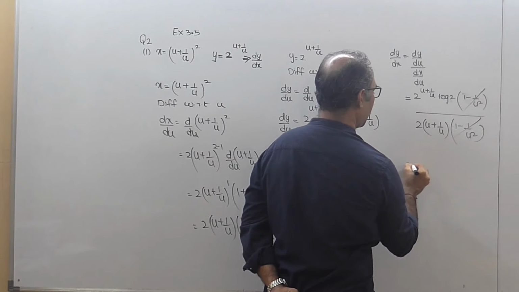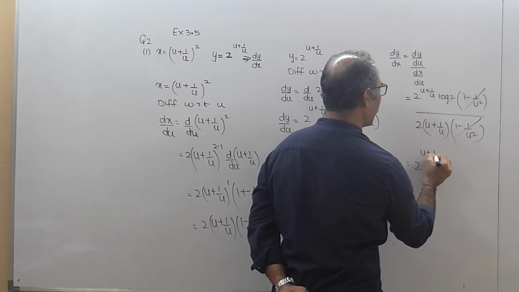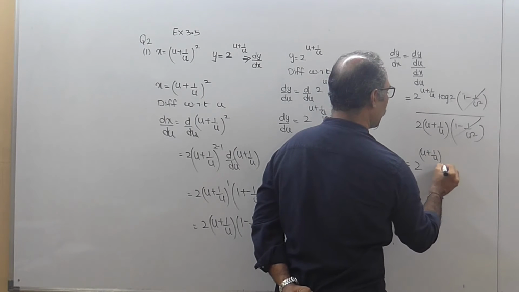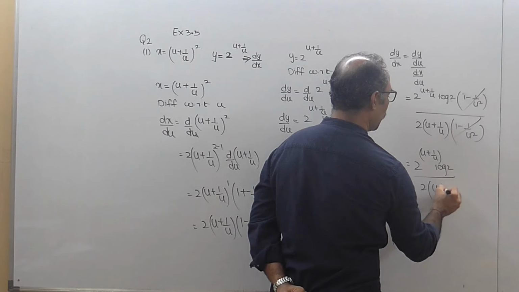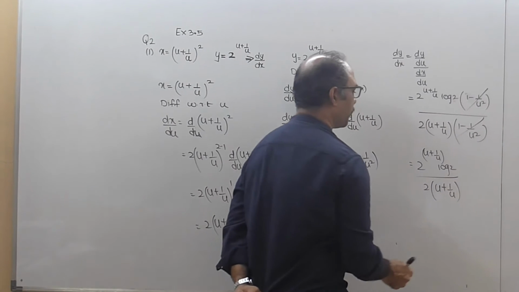Cancel it. Therefore the answer will be 2 raised to u plus 1 upon u log of 2 the whole upon 2 u plus 1 upon u.